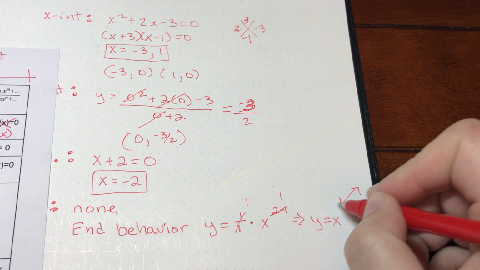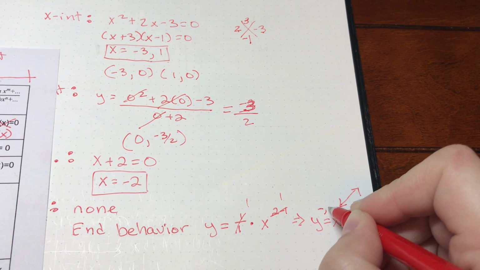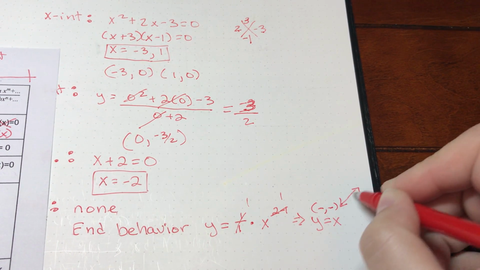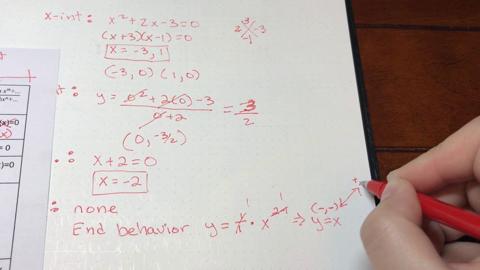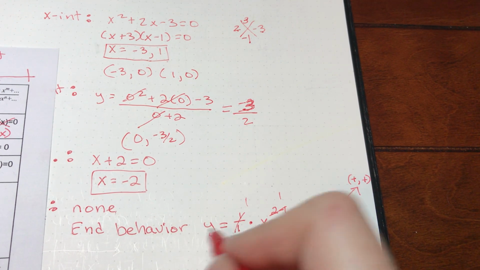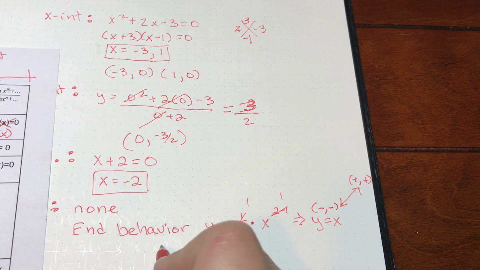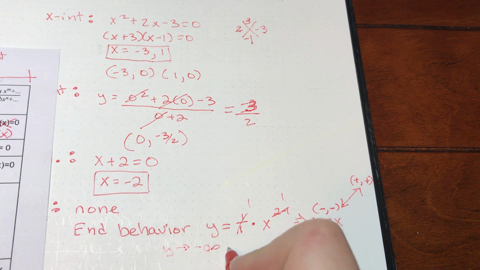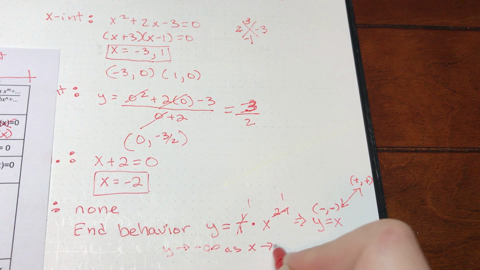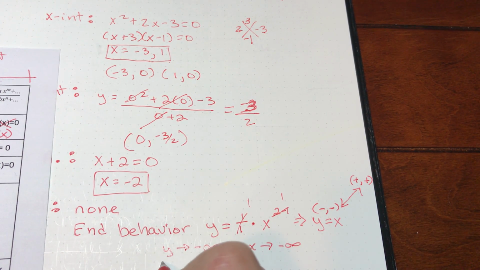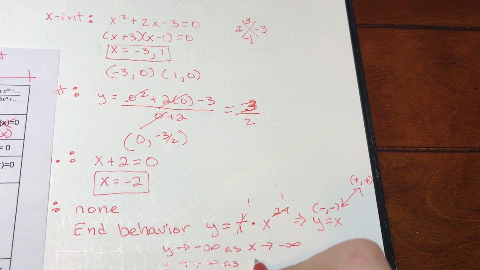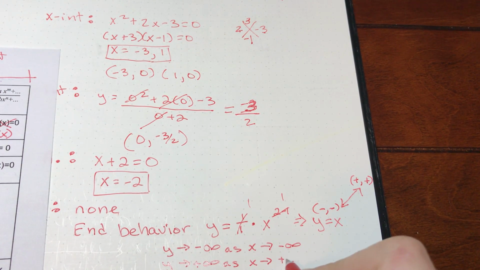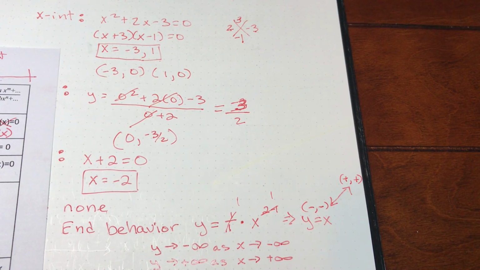And as x gets more negative, y gets more negative, and as x gets more positive, y gets more positive. So I would describe the end behavior: y approaches negative infinity as x approaches negative infinity, and y approaches positive infinity as x approaches positive infinity.